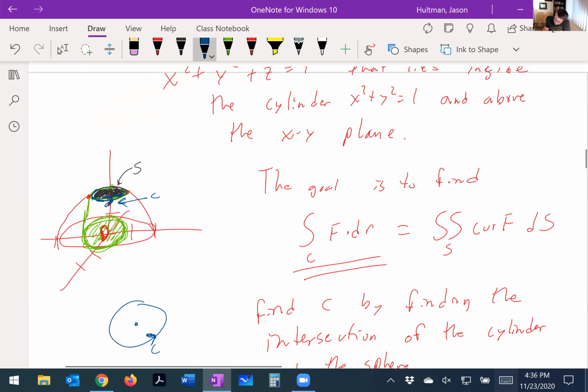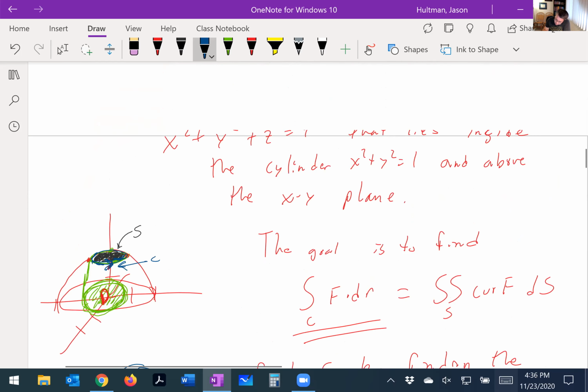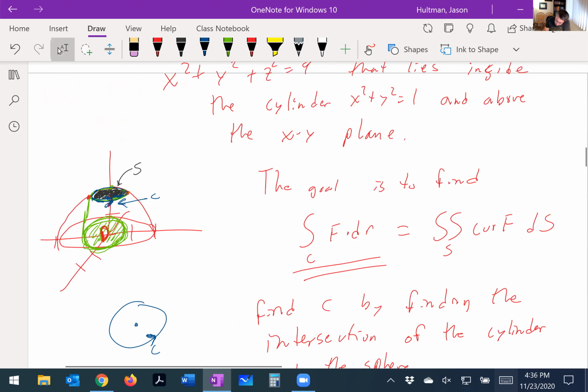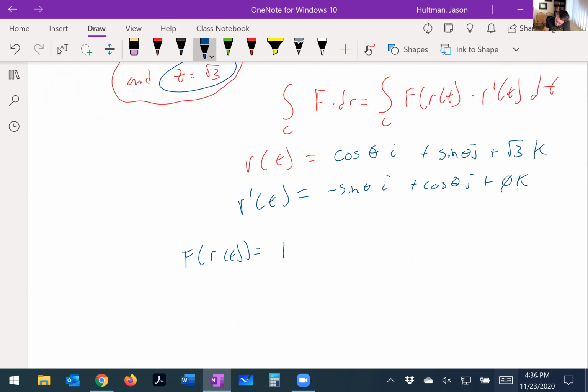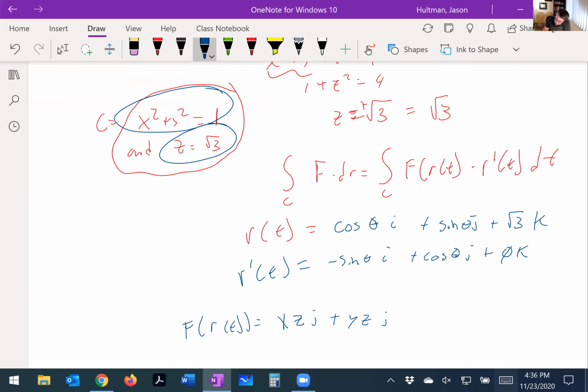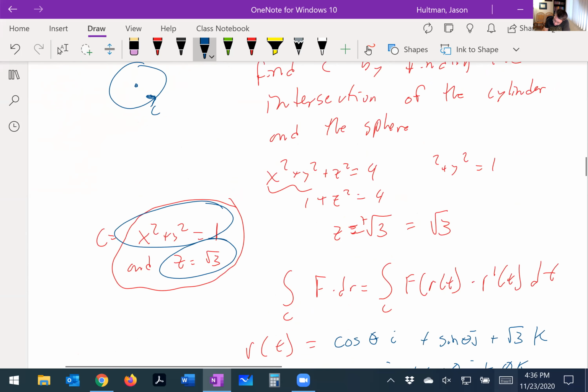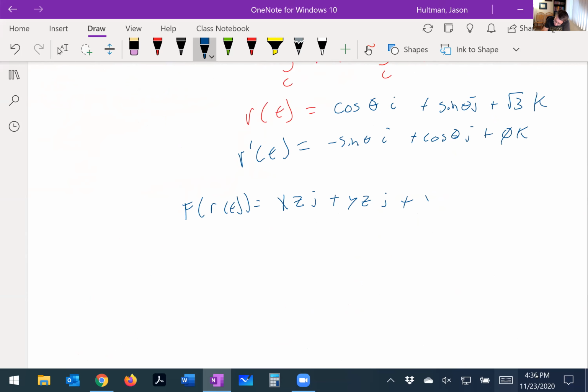What was F again? F was xz i plus yz j plus xy k. But we've got to change all these to thetas.